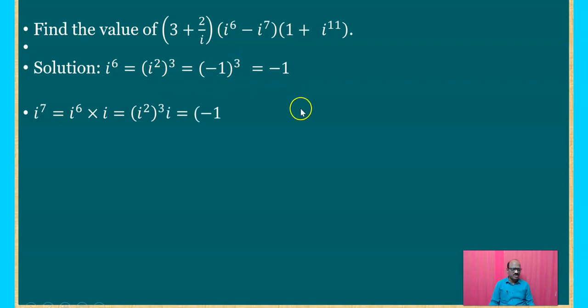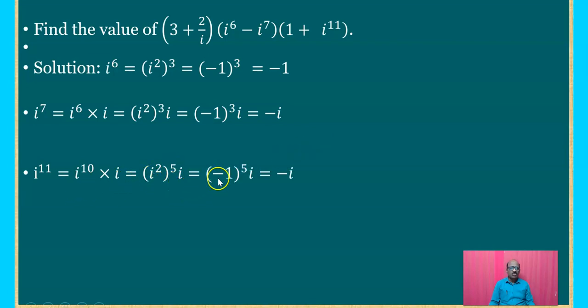Minus 1 raised to 3 is minus 1. i raised to 7 means i raised to 6 into i, (i square) cube into i. Minus 1 raised to 3 into i, which is minus i. i raised to 11 is i raised to 10 into i. i raised to 10 can be (i square) to 5 into i. Overall minus 1 raised to 5 into i, and you will get minus i.